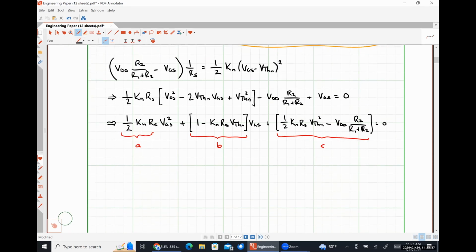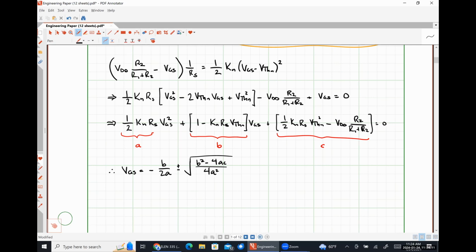So VGS will be equal to negative B over 2A plus or minus the square root of B squared minus 4AC all over 4A squared.